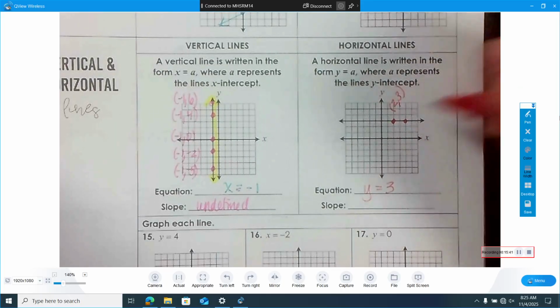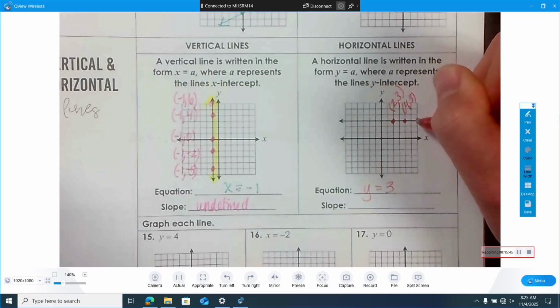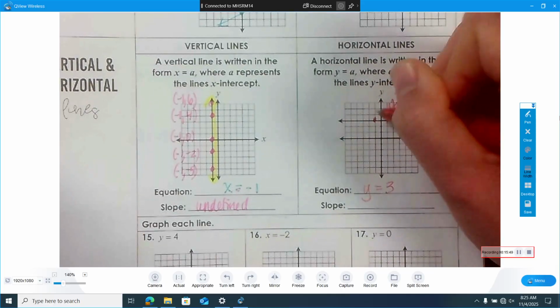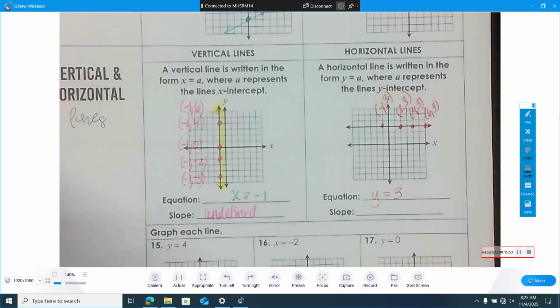What's this ordered pair? 4, 3. What's this ordered pair? 6, 3. Everywhere on this line, what's this one? Negative 1, 3. Everywhere on this line, the y is 3.